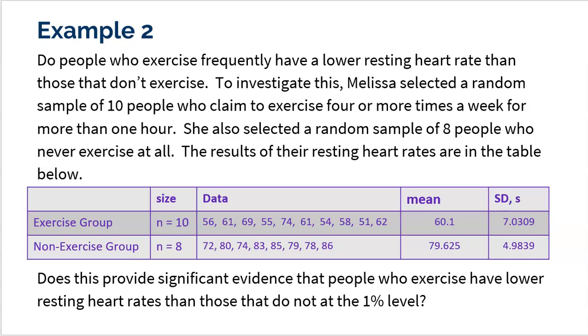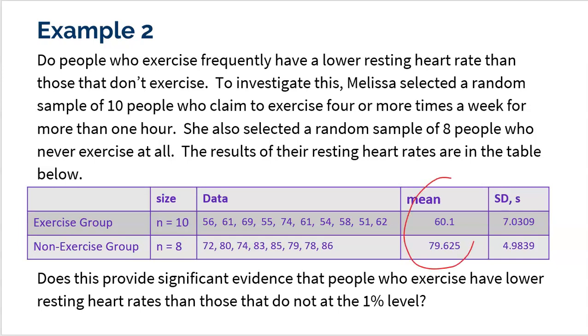So for the exercise group, I had 10 people. Nice table here giving me all of their heart rates, but the mean was 60.1, and that had a standard deviation of 7.0309. For the non-exercise group, all 8 heart rates are there, and I'm giving you the mean, so you don't have to worry about doing it, but the mean was 79.625, and that's a standard deviation of 4.9839.